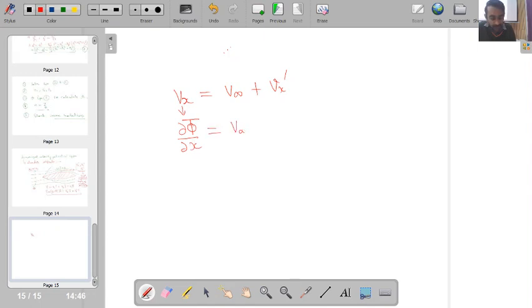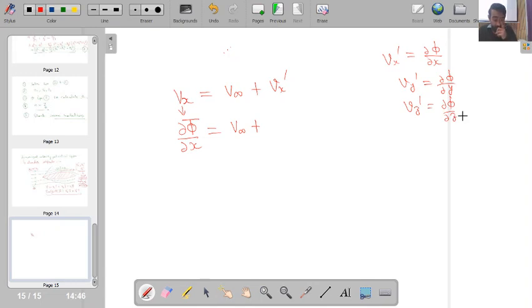That will be equal to V infinity plus, let's consider that the fluctuating component Vx dash is represented by another velocity potential function, phi. So phi is the potential function only for the perturbation part. Similarly Vy dash will be del phi by del y, and Vz dash will be del phi by del z.